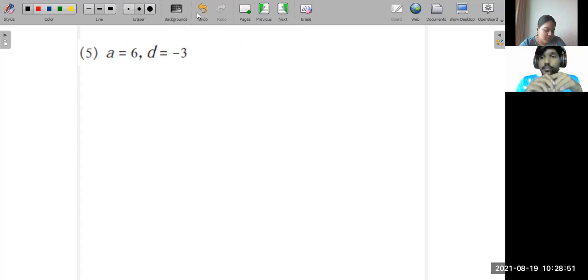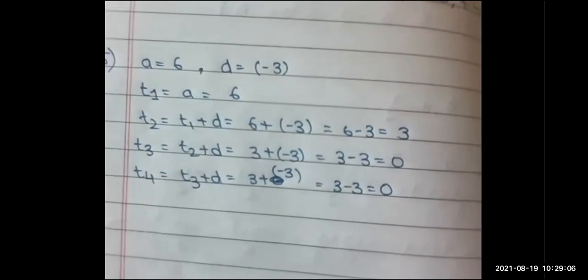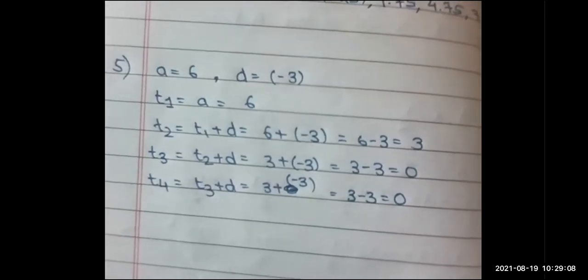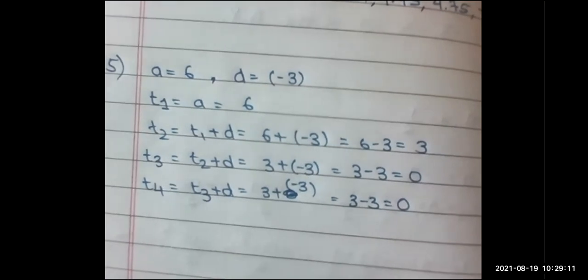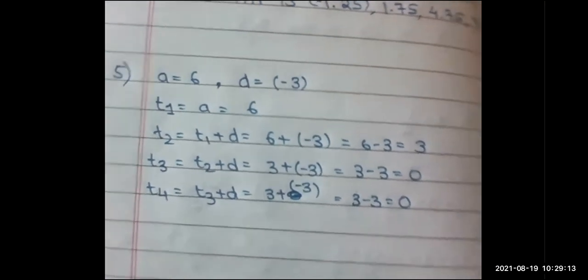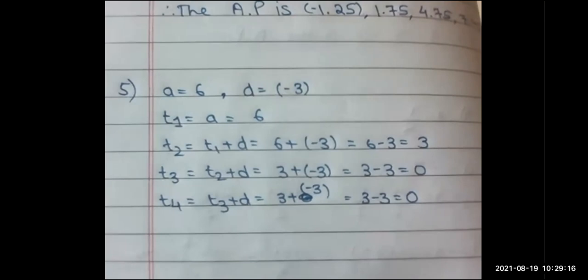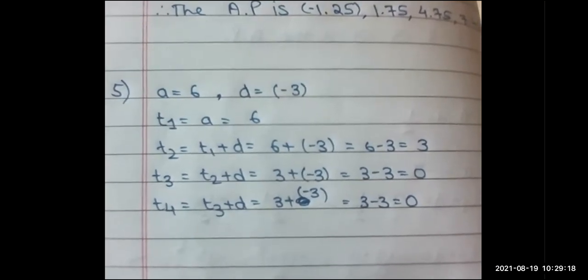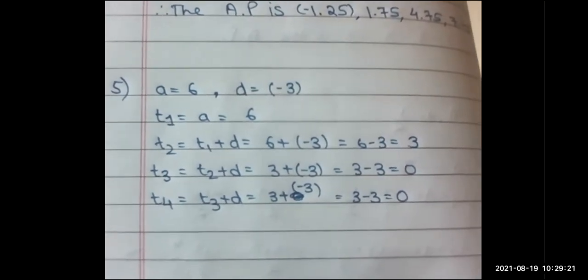How is it possible that T3 and T4 are the same? Show me your calculation. Okay, T3 is 0, no? But you have written 3. T4 is T3 plus D, but T3 is 0.